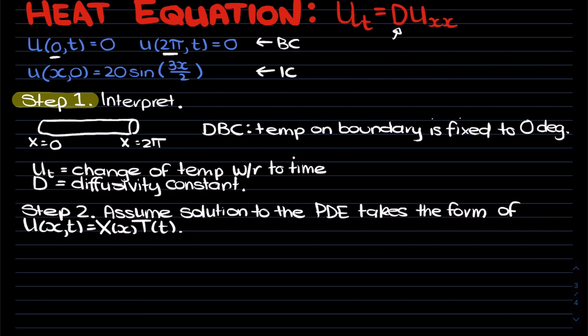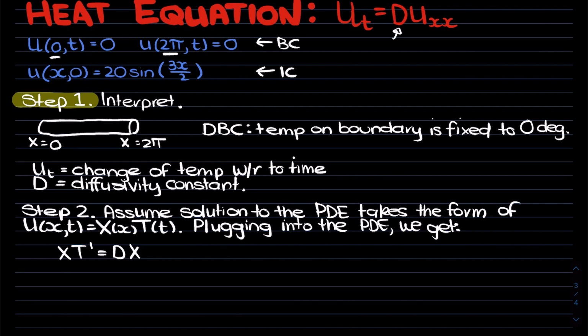So plugging this into the PDE, this gives us X T prime equals D X double prime T.